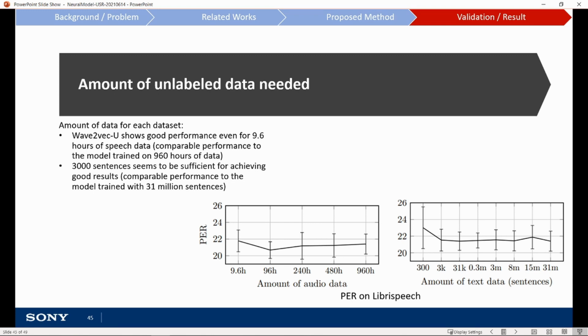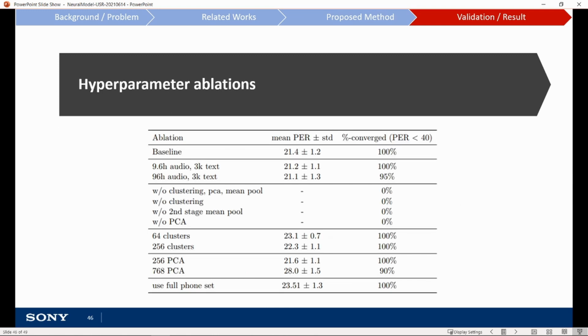First they reduced the amount of audio data, and they found that 9.6 hours of speech data and 960 hours of speech data had roughly similar performance. And for sentences, they saw that 3000 sentences were sufficient to achieve good results, comparable to the performance of the model trained with 31 million sentences.